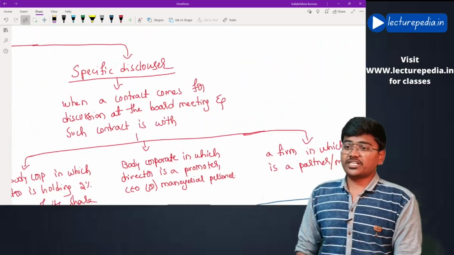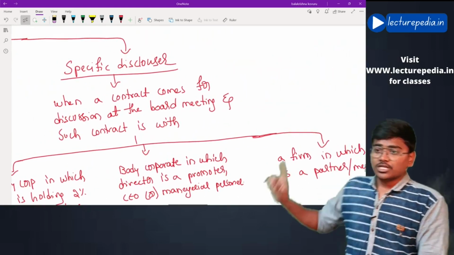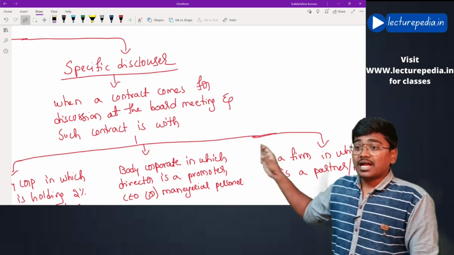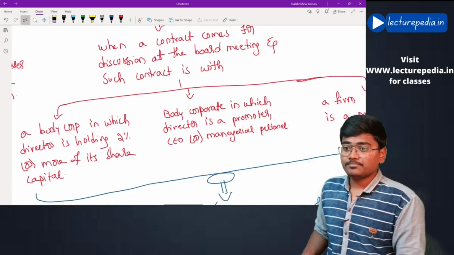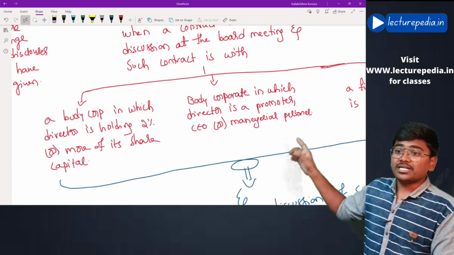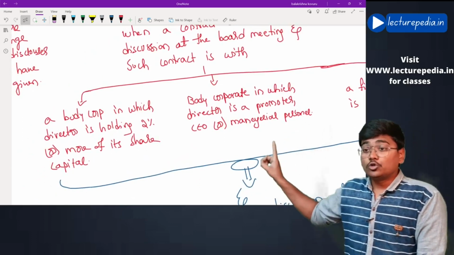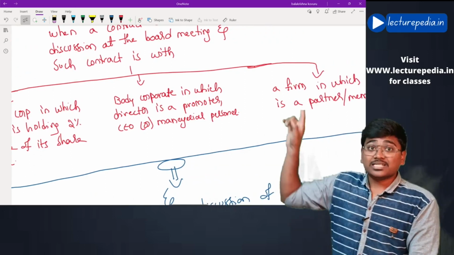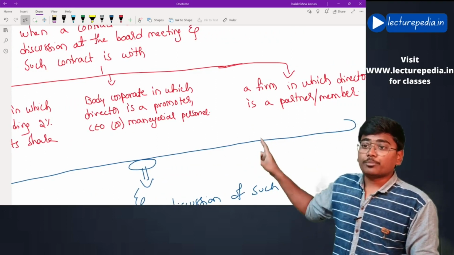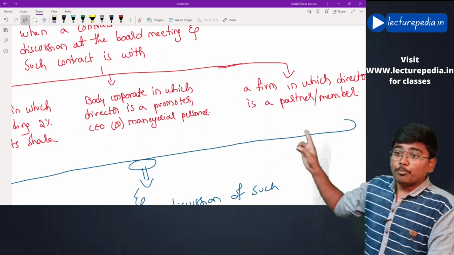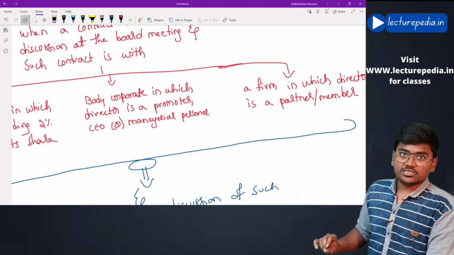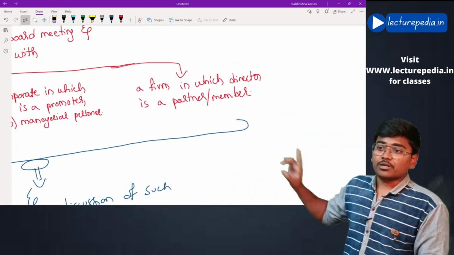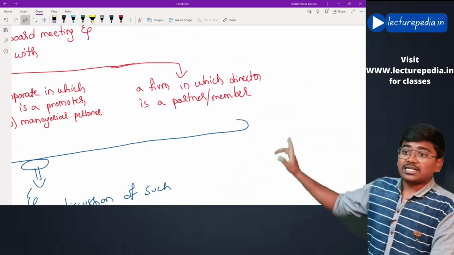Now, specific disclosure. When a contract comes for discussion at the board meeting and such a contract is with a body corporate in which the director is holding 2% or more of its share capital, or such contract is with a body corporate in which the director is a promoter, CEO or managerial personnel, or such a contract is with a partnership firm in which the director is a partner or member.